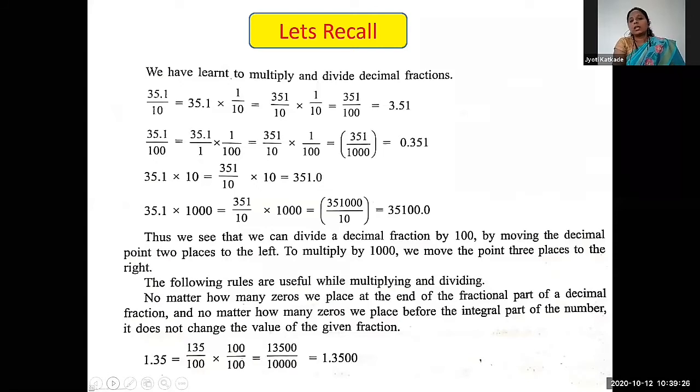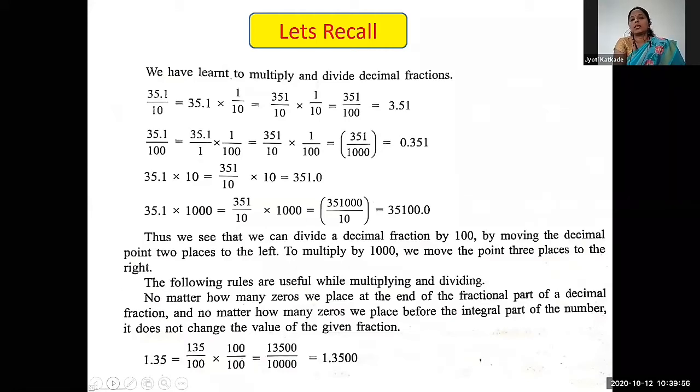Now we get 351 divided by 10 into 1 upon 100 is equal to 351 divided by 1000. Now at the denominator there is 1000. When there is 1000, we have to move the decimal point left by 3 places.